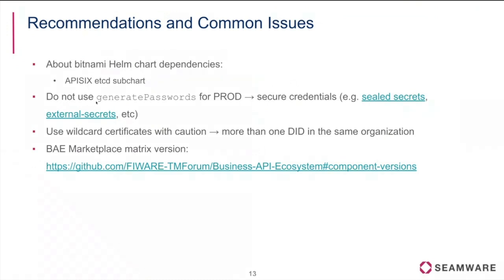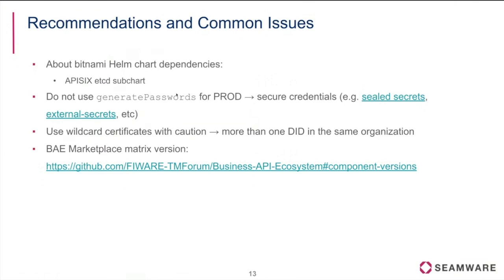You will see in the chart the generate passwords option that generates the passwords and the credentials. It's not recommended for production. It's in the documentation, but just in case. For production, just follow the best practices for Kubernetes and use sealed secrets, external secrets, and things like that, so you don't upload the credentials in clear text to your repository.